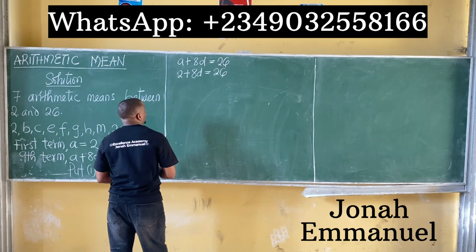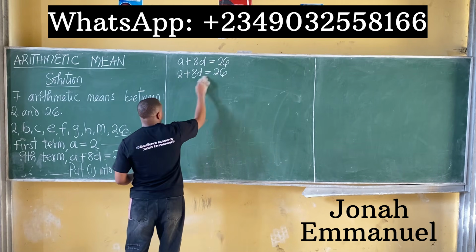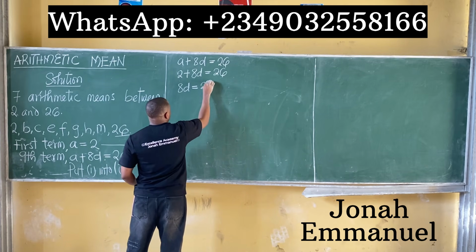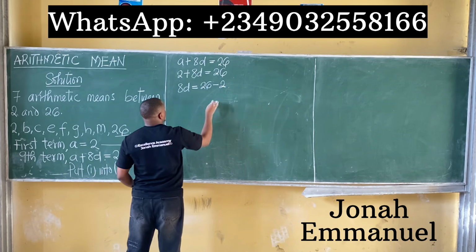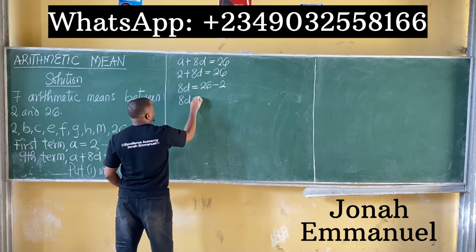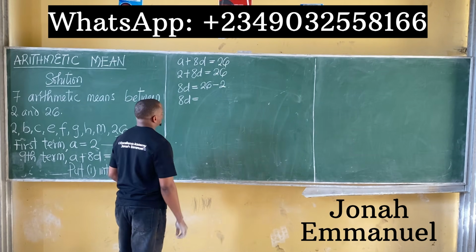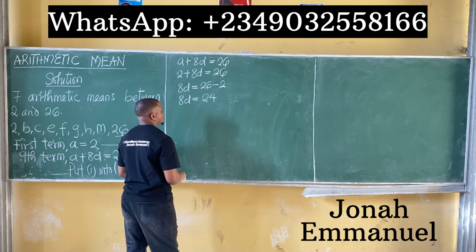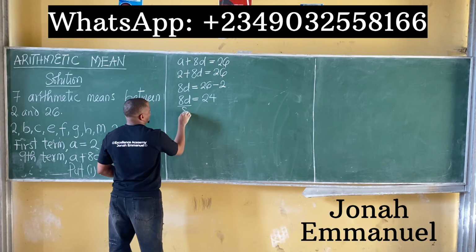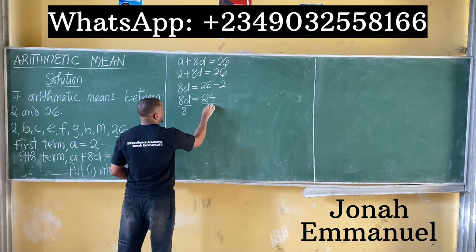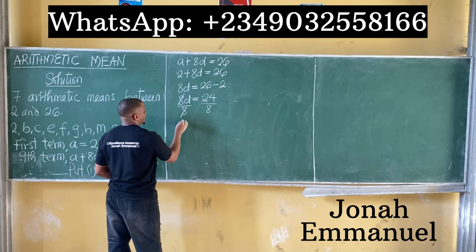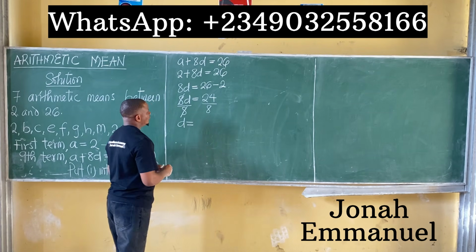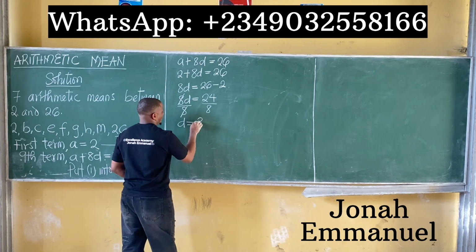To get the value of D, move 2 over here. You have 8D is equal to 26 minus 2, which gives you 24. Divide both sides by 8. This cancels this. D is equal to 24 over 8.